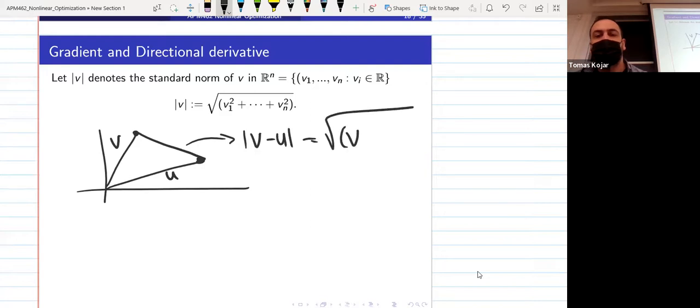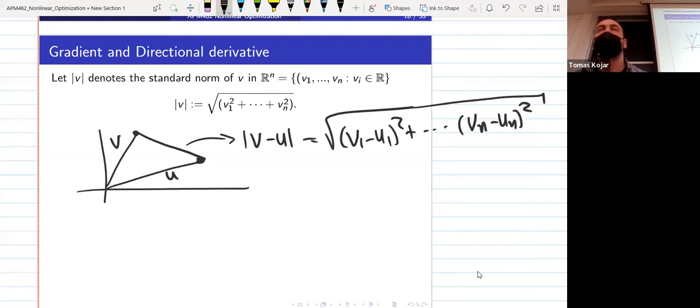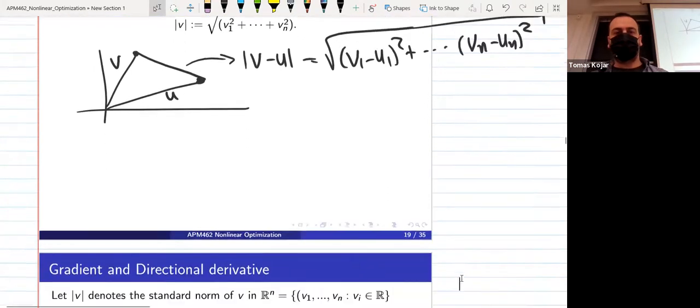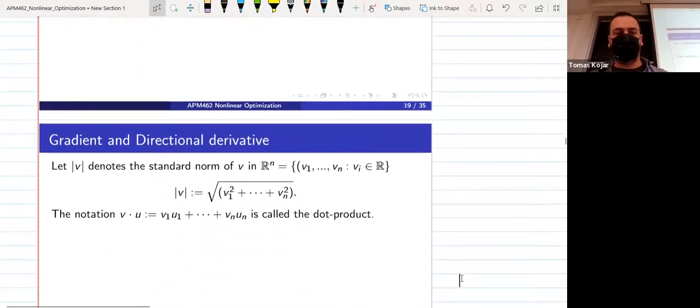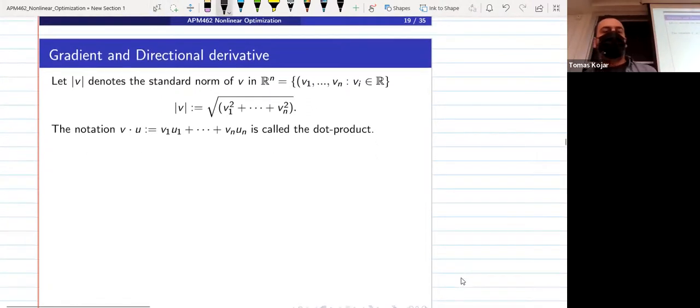So you have V1 minus U1, up to Vn minus Un. This is called the Euclidean distance. V dot U is called the Euclidean dot product.